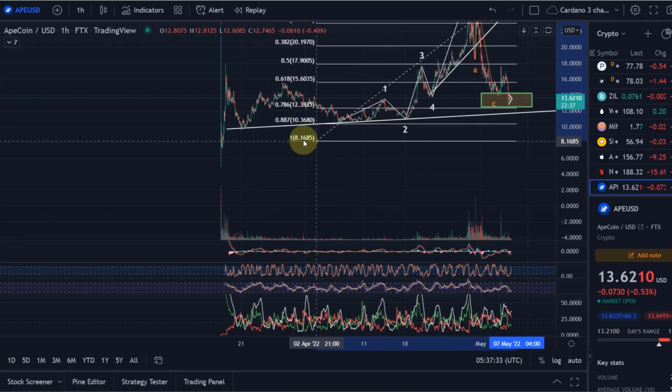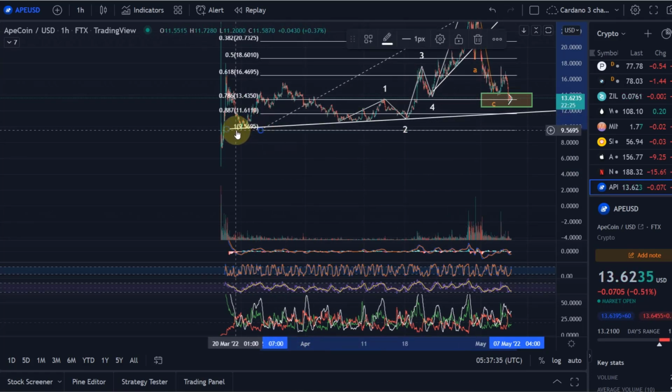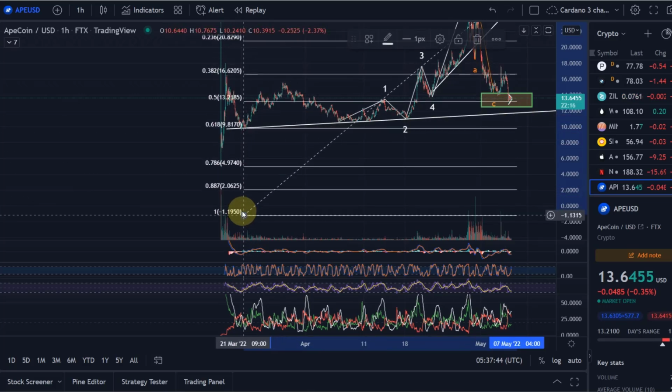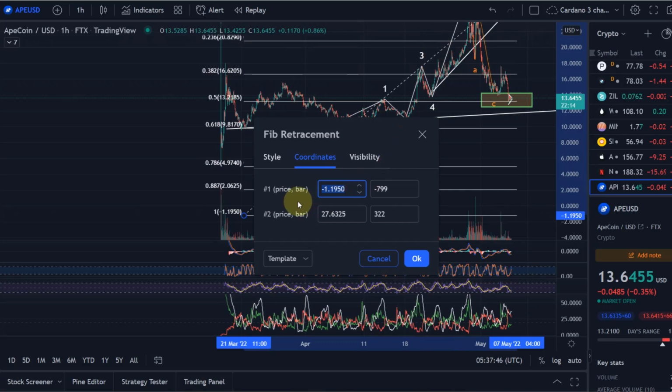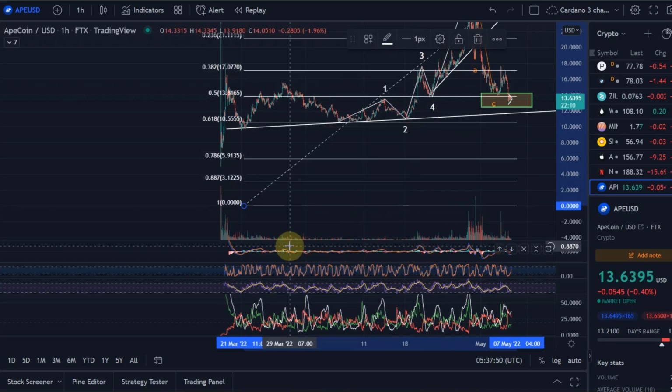I could even go to that wave here, but even then the ascending trend line would be the 88.7. So, let's go to 0 and let's see what the price could be. But that would really smash that coin.